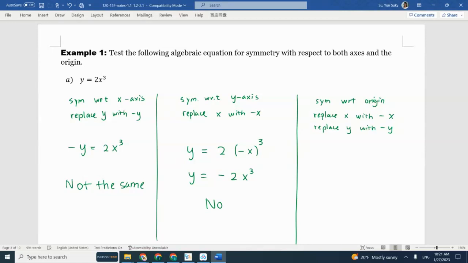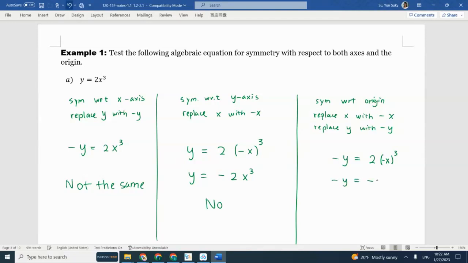Okay, last one. Replace x with negative x. So the right-hand side is 2 times negative x cubed. And also replace y with negative y. Everybody? Change y to negative y, change x to negative x.